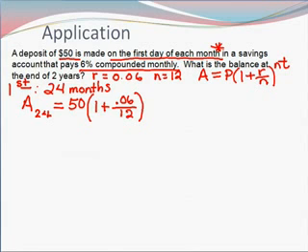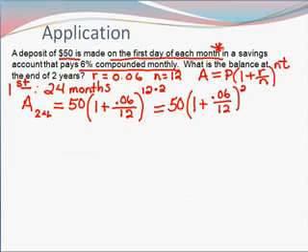And A24 spends 24 months, which is 2 years, so 12 times 2. So A24 is going to be 50 times 1 plus 0.06 over 12 to the 24th power.